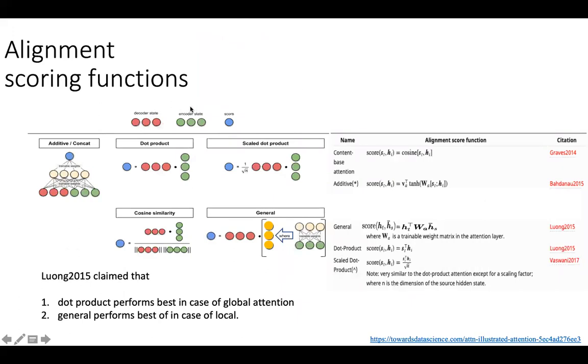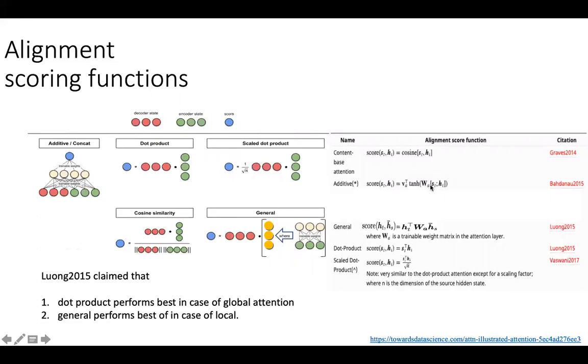Then there are different ways to compute these alignment scores. In the Bahdanau paper, the original paper of attention, they used this additive concat way. What they do is concatenate the decoder hidden state output and the encoder stage output, and then here is the equation we have.